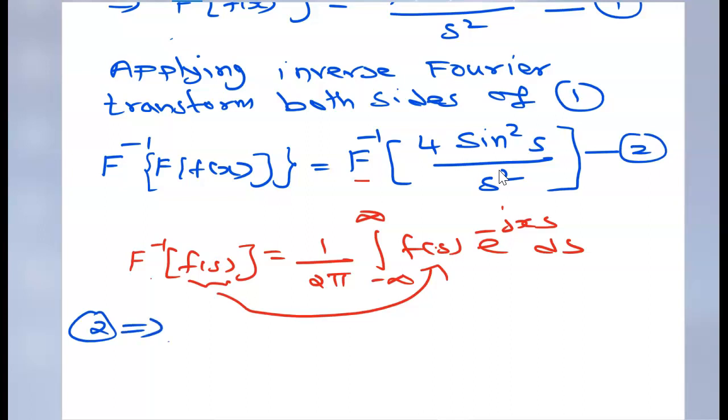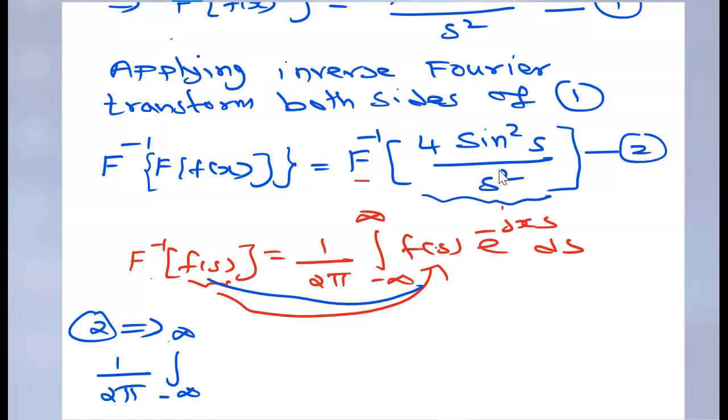The right hand side of equation number 2, apply the definition. F inverse means 1 by 2 pi integral from minus infinity to plus infinity. Here, if it is F of s, we write F of s. Now what do we have here?